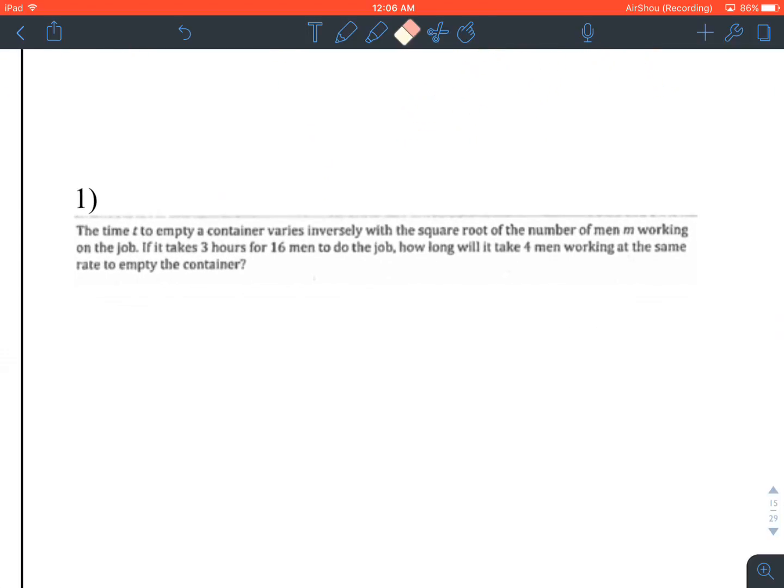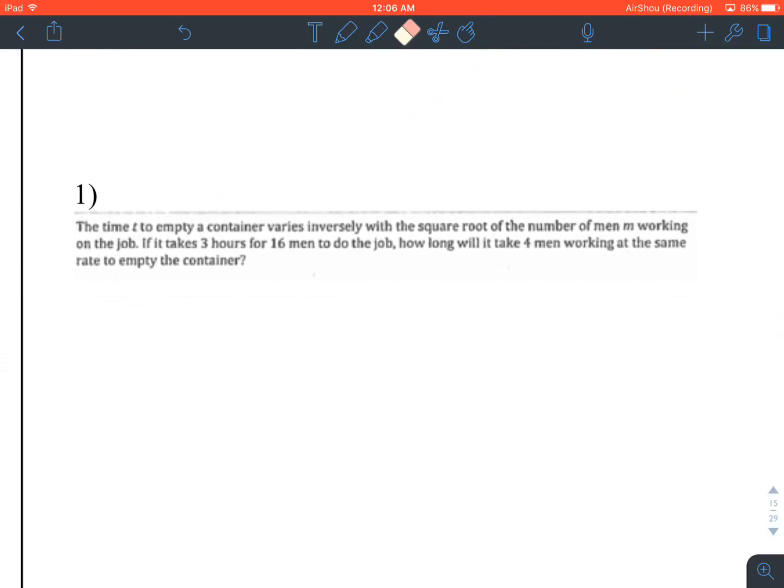The time t to empty a container varies inversely with the square root of the number of men, m, working on the job. So that's saying t times the square root of the number of men. That is our relationship.